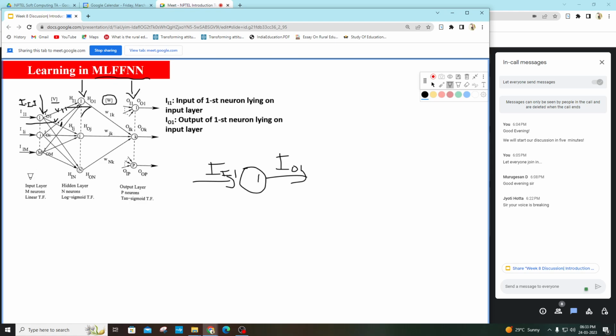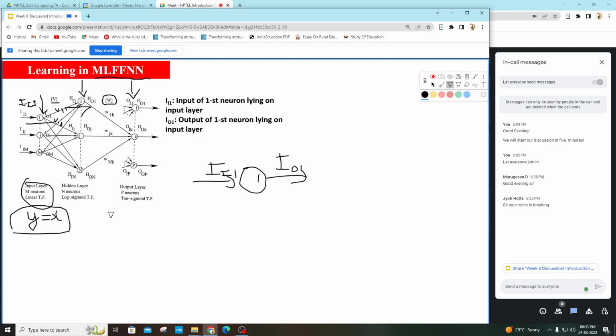So in this input layer what we are using is linear transfer function, that is y equals to x. So this is linear transformation function, that means IO1 will be equal to I1 because we are using this function y equals to x.